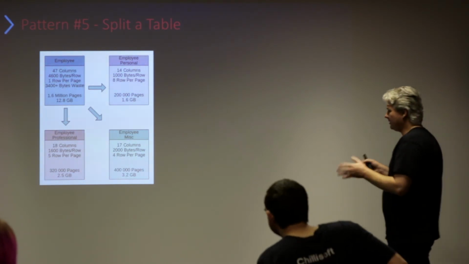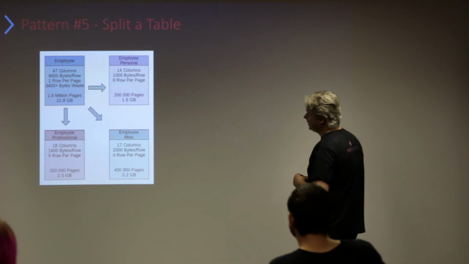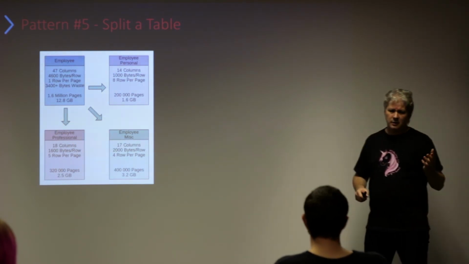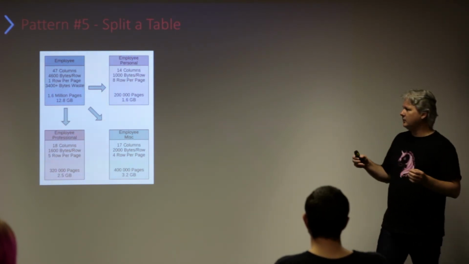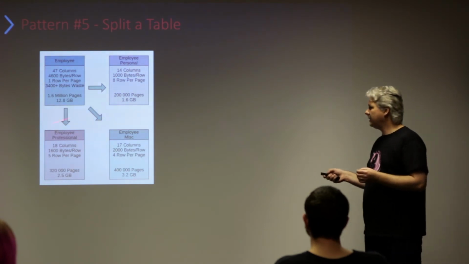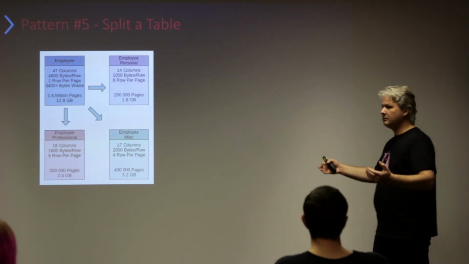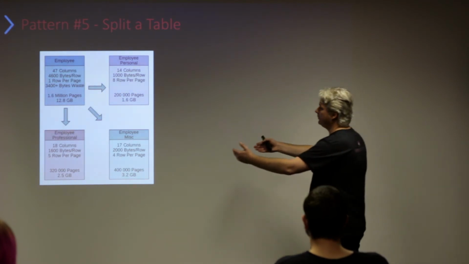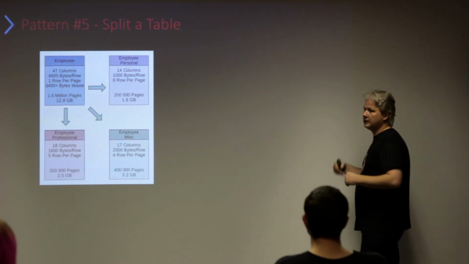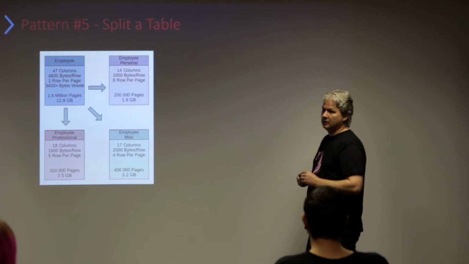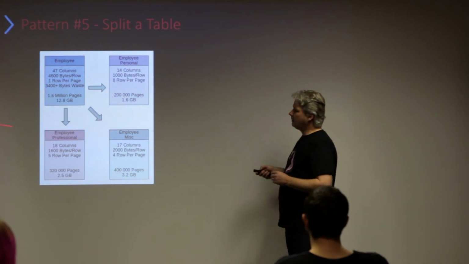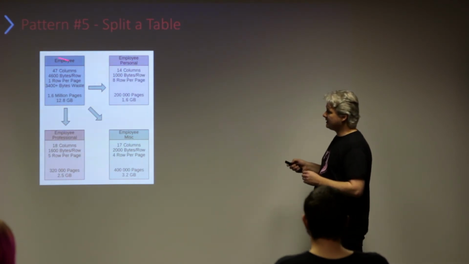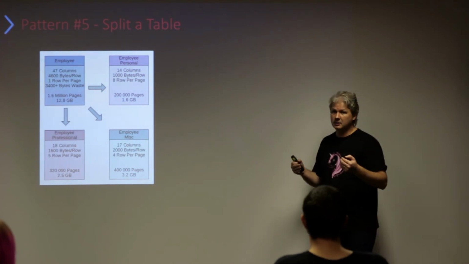We can now store that stuff on disk in 12.8 gigs. The real interesting thing is, anybody got any view on what that 12.8 gigs looks like in the actual memory of the server? If I had to read the entire employee database into memory, then I would really just be loading all of that stuff into physical memory.